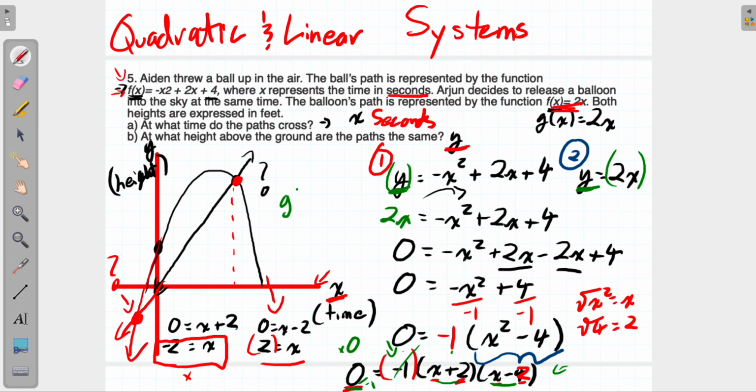If we say g at 2 is equal to 2 times 2, we get a value of 4. So our height would be the value of 4. So we get a point of intersection of 2 and 4. So that means the height is 4 and the time is 2 seconds after they were released.